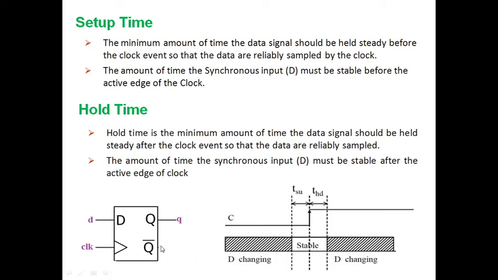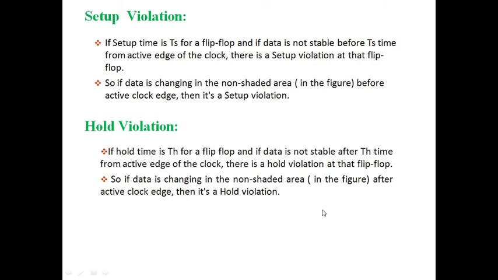That means my flip-flop is violated, and if the data is changing in the non-shaded area after the clock edge, it is a hold violation. So these are setup violation and hold violation. Have a glance at this PPT slide.